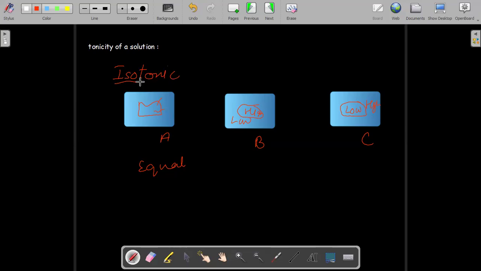Iso means same. Now here, the concentration of the solution is low. I have a low concentration solution, and in it I have put a cell. So this one is a hypotonic solution. Hypo means low. The concentration of the solution is lower than the concentration of the cell.